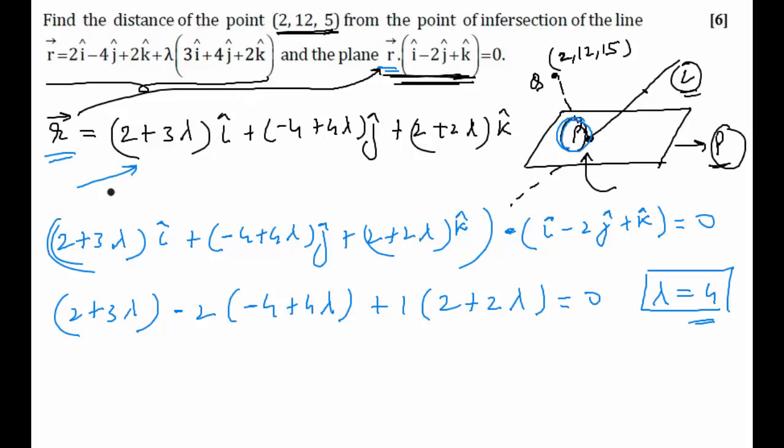So if you substitute lambda is equal to 4 there, point P will become 14 I cap plus 12 j cap plus 10 k cap. This will be the value, right?